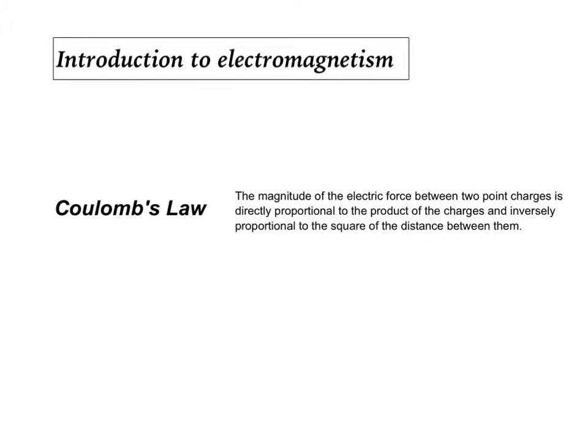Okay, here comes the most important topic of the day, Coulomb's law. Remember in the first few slides I mentioned that if we have two like charges, maybe two positive charges, they will repel each other, and two different charges, a positive charge and a negative charge, will attract each other.